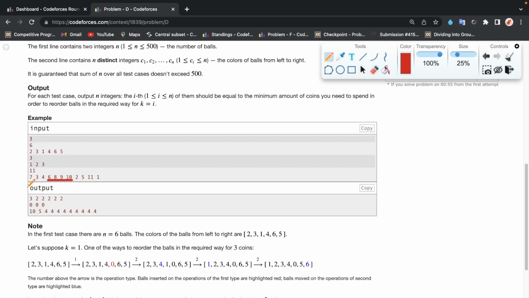These four elements don't need any swap. Use seven here. Then I can send seven here to 5, 11. Then I need four swaps here, one swap here.